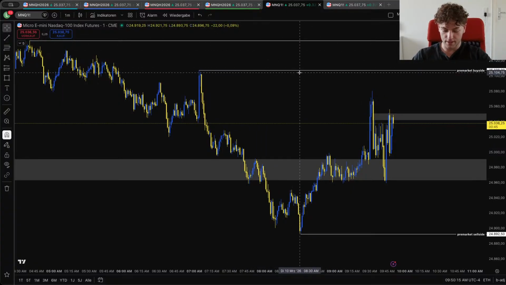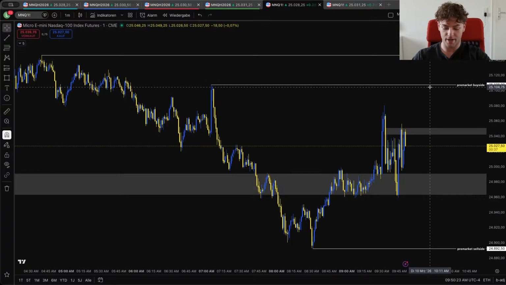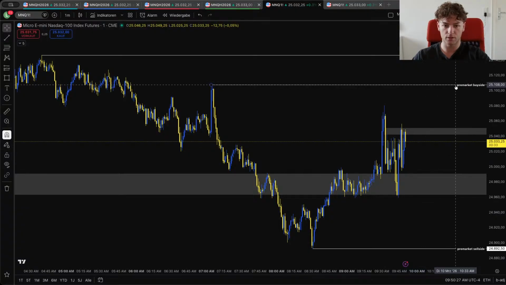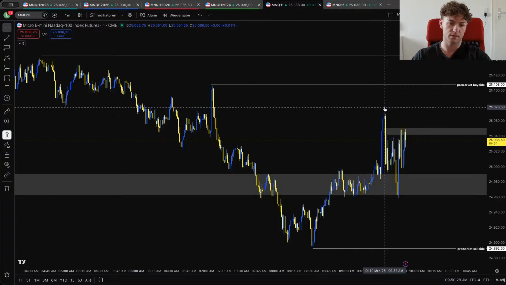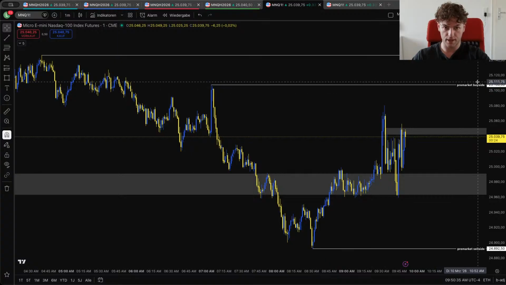Kind of funny, ICT just came out 2 minutes ago, and he basically just mapped out minor buy side liquidity pools: 25,081, which is this one. Okay, that's the one I haven't noted, but he also mentioned 25,108, which is this one, and 25,146.75, which is this one.